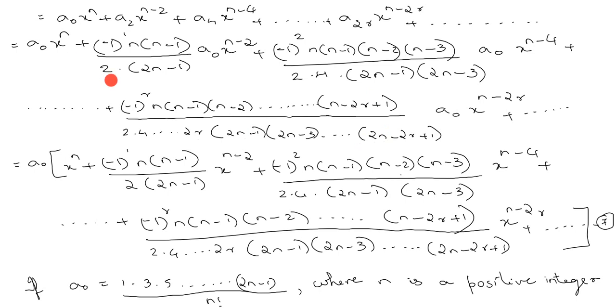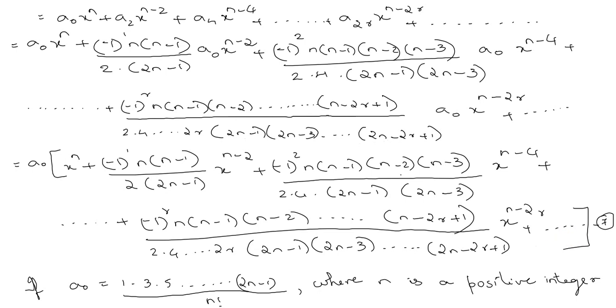Now from this equation you can take a0 common. So taking a0 common, this equation becomes a0 into x raised to n plus minus 1 raised to 1, n into n minus 1 divided by 2 into 2n minus 1, x raised to n minus 2. Second term is written and the general term is written, plus etc.